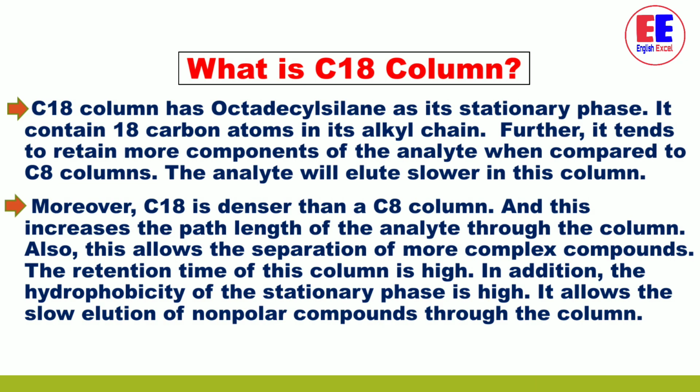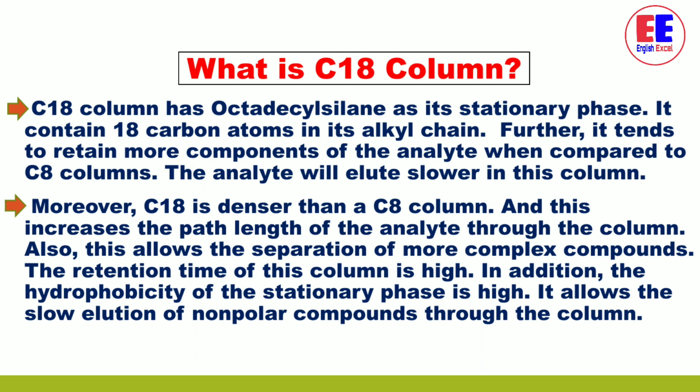Next is, what is C18 column? C18 column has octadecyl silane as its stationary phase. It contains 18 carbon atoms in its alkyl chain. Further, it tends to retain more components of the analyte when compared to C8 columns. The analyte will elute slower in this column.